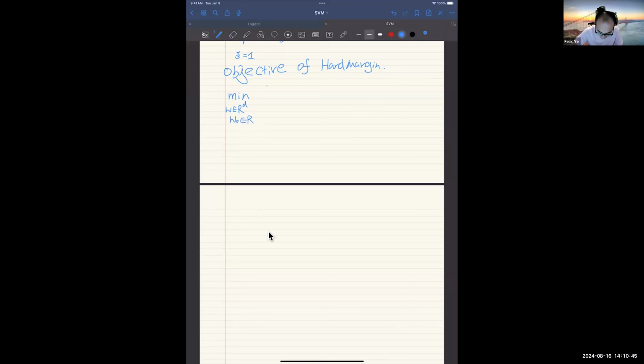So this is 1/2 of the W squared 2 norm subject to the constraint y_i of x_i W plus W0 bigger or equal than 1 for i from 1 to n. So this is for hard margin.